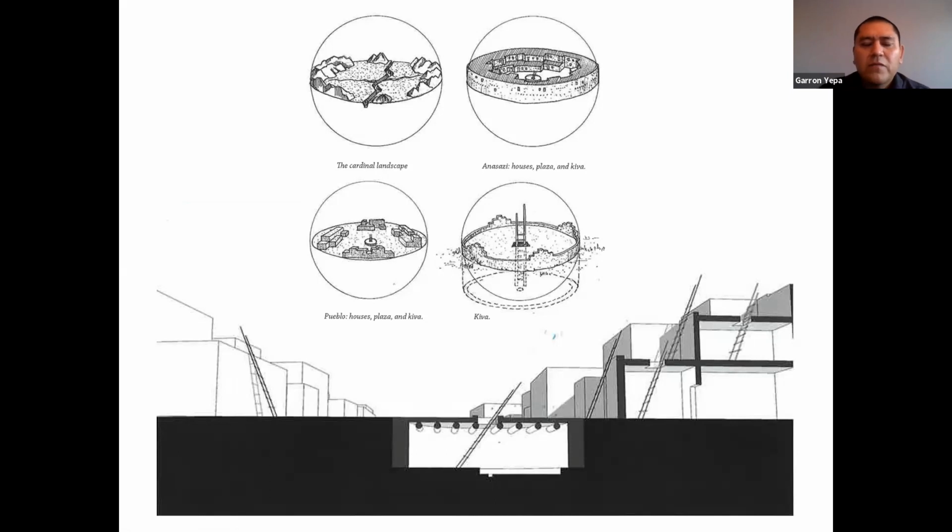So what you're seeing here are the cardinal directions and how the landscape informs you, and on another scale how within a Puebloan or a kiva type of setup, it recreates the same scale and the same horizon line.